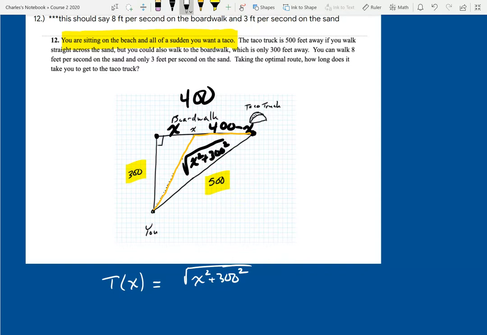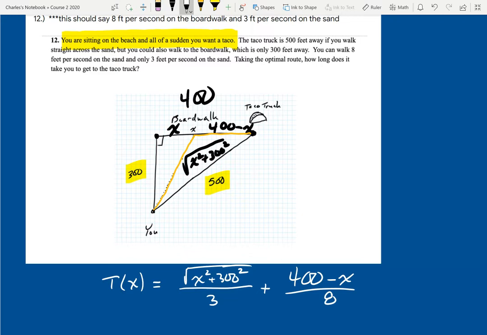What I'm doing is taking the distance and dividing it by the rate, the speed I'm going at. So I want the square root of x squared plus 300 squared, divided by 3. And then the other distance is already calculated as 400 minus x. I want to divide that by the rate that I walk on the boardwalk, which is 8.